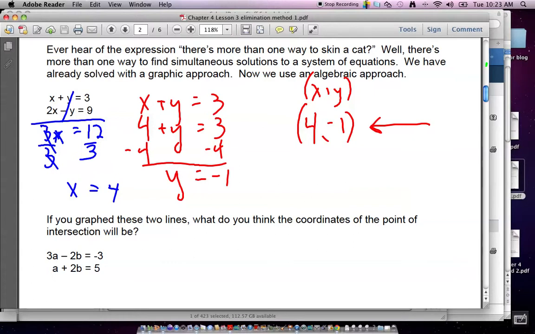That's the key. In the blue, when we start this problem, we eliminate or we get rid of the y. Now, over here, next to where you wrote whatever you wrote, I want you to write down, we call this the elimination method because we get rid of a letter.